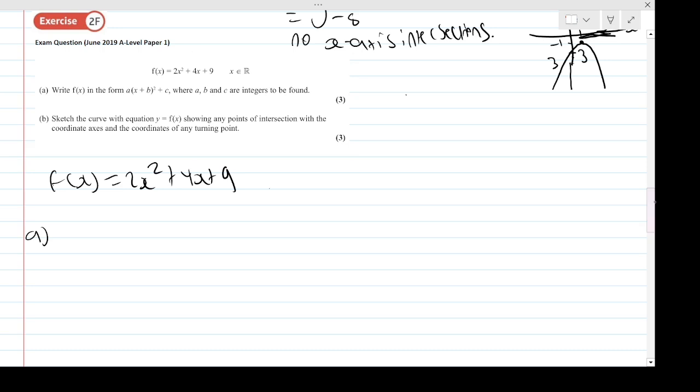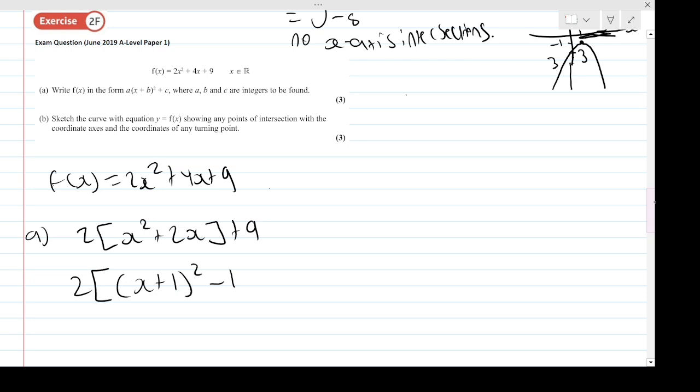First of all, I'm going to need to factor this 2 out of the x squared coefficient. So that's going to be 2 lots of x squared plus, half of 4 will be just 2, x plus 9. Then I'm going to complete the square inside the brackets. So 2 lots of x plus half of 2, which is 1, all squared, then take away 1 squared, which is 1, add the 9.